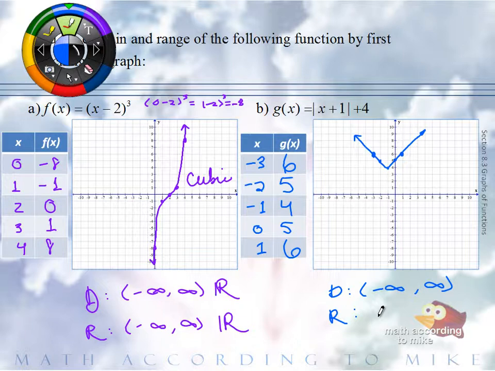No. Down. 4. Is this negative infinity on the y-axis? Remember, these are two number lines here. So the lowest it goes is 4. Since this arrowhead's pointing up, the highest it goes is forever. Do we include the 4? Infinity? Parentheses.